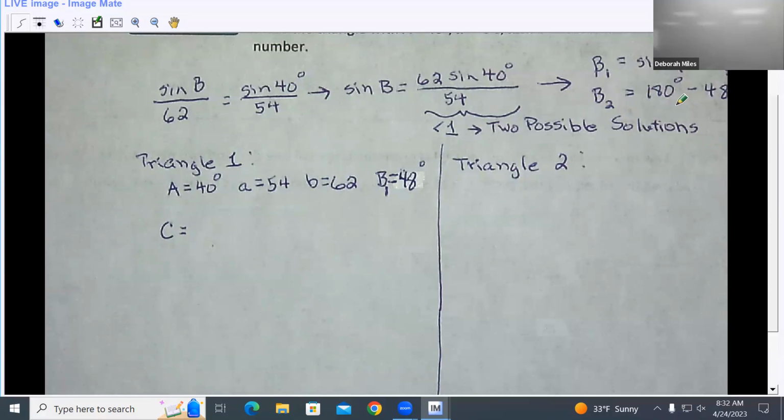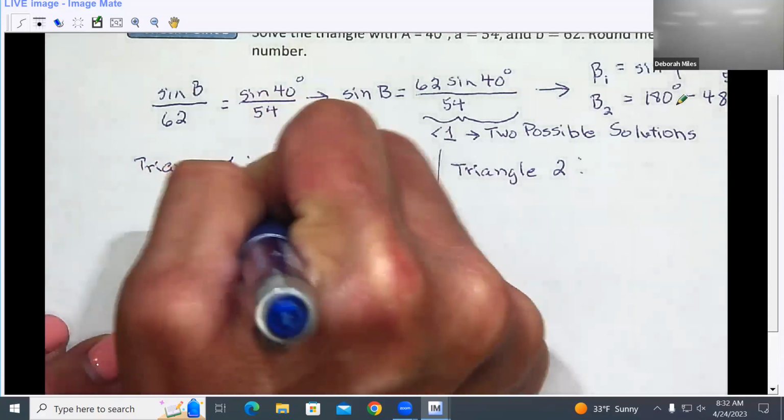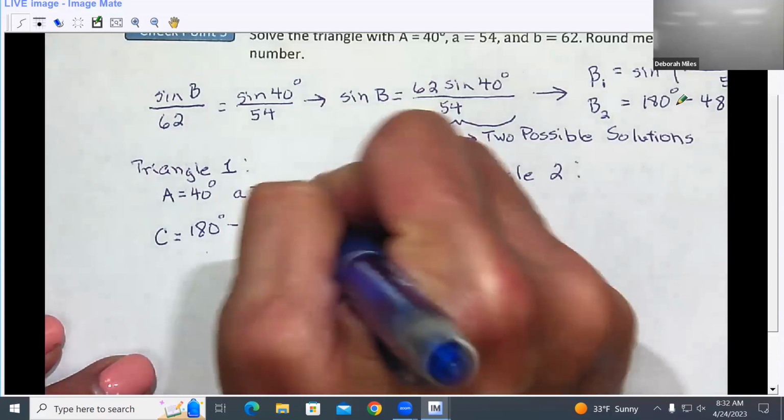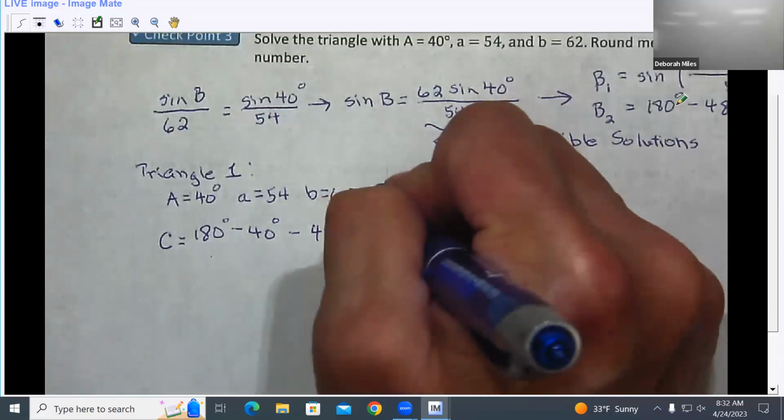And what everybody else said was 180 minus 40 minus 48. So just distribute that negative like that. All right, so 180 minus 40 is 140 minus 48 is what? 92 degrees.